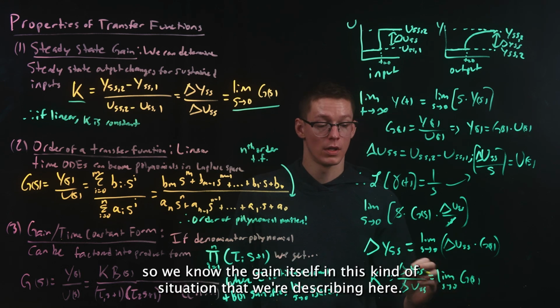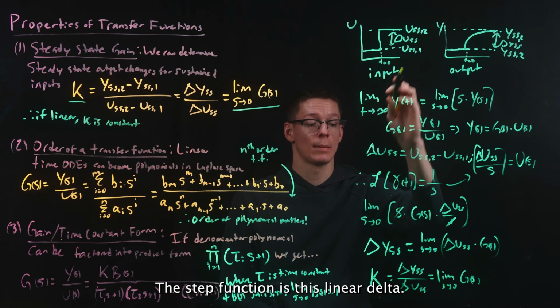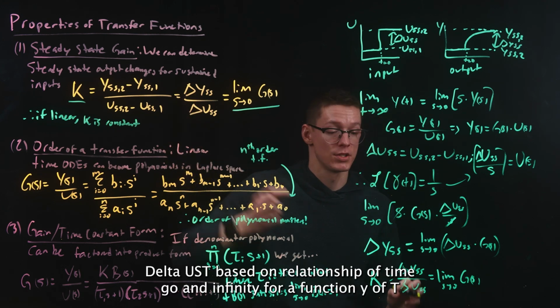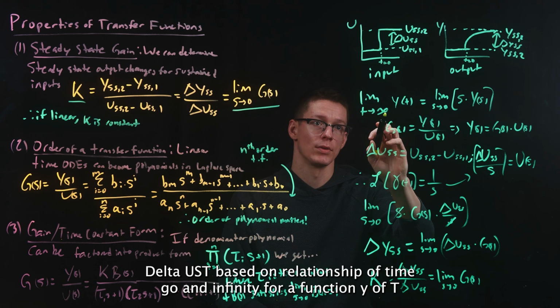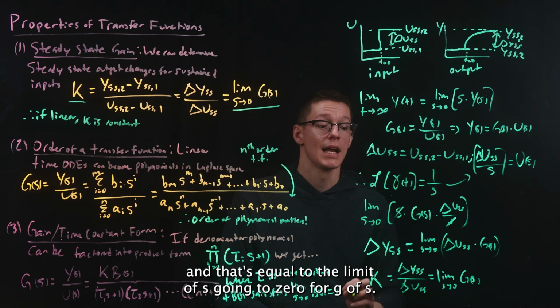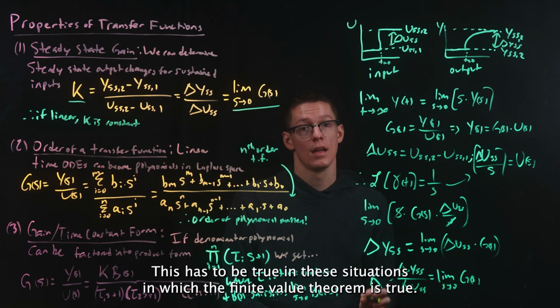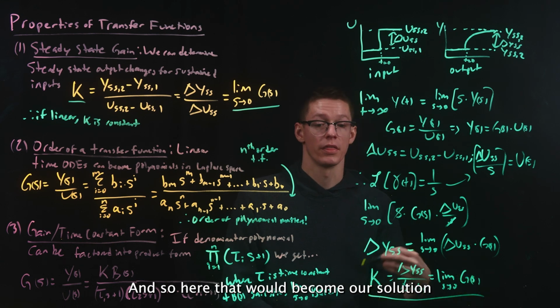So we know the gain itself in this kind of situation that we're describing here with the step function is this linear delta yss over delta uss, based on the relationship of time going to infinity for a function y of t, and that's equal to the limit of s going to 0 for g of s. This has to be true in the situations in which the final value theorem is true. And so here, that would become our solution.